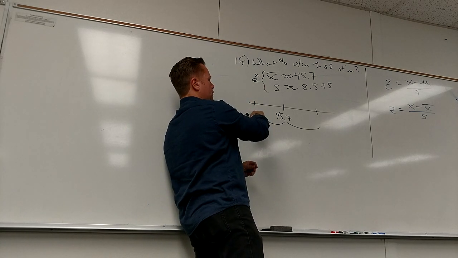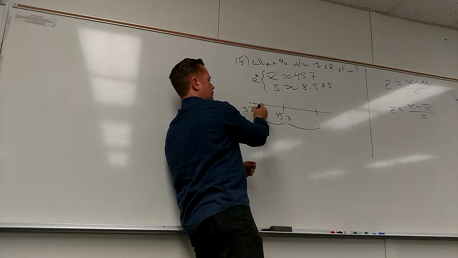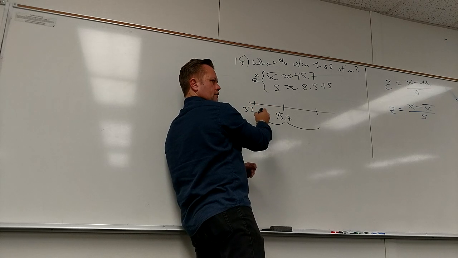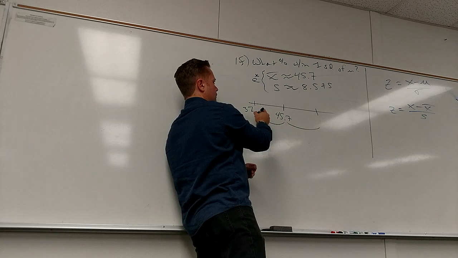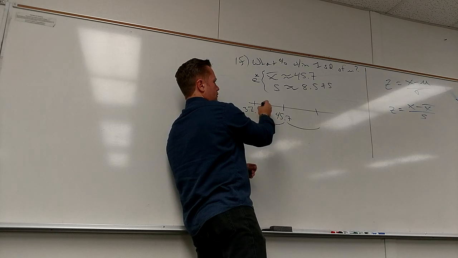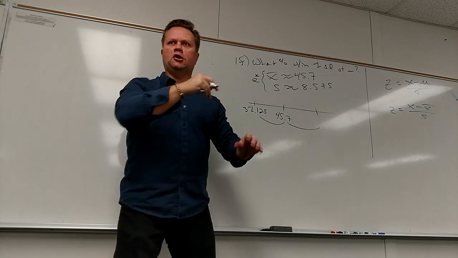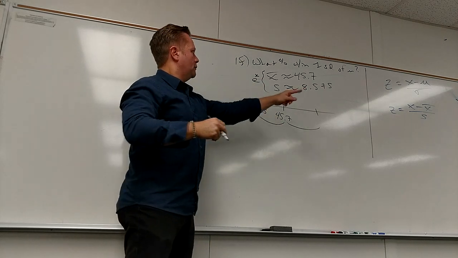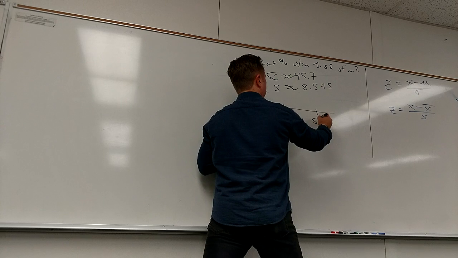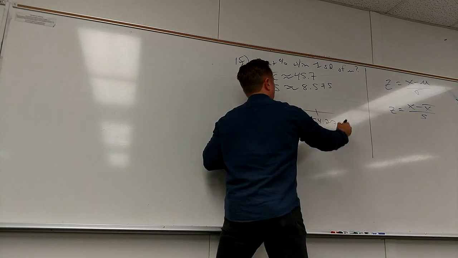So what do you get when you do 45.7 minus 8.575? 37.125. And if you add 8.575, looks like you get 54.275.